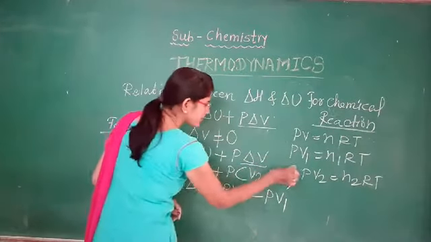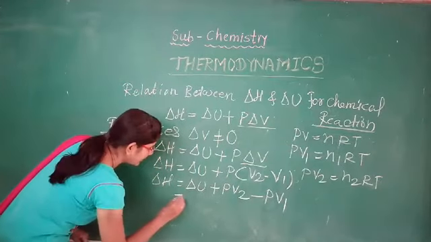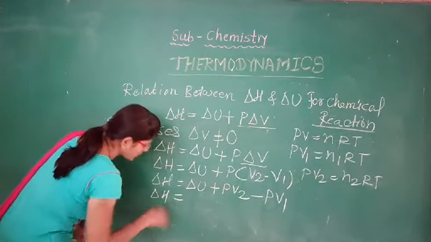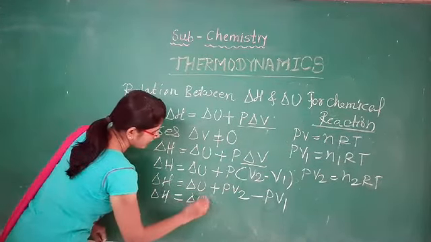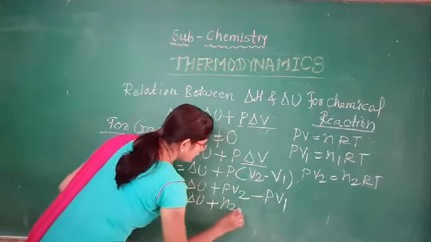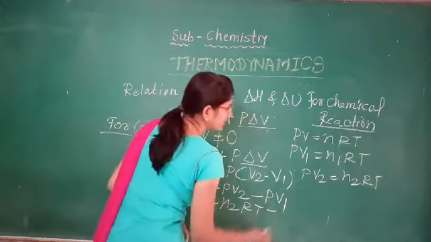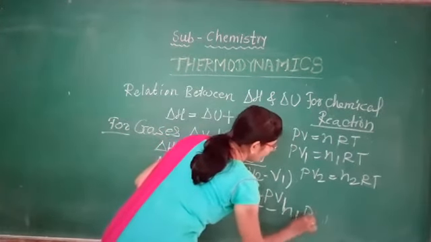Put both these values in this equation. Here we get delta H is equal to delta U plus PV2, which becomes N2 RT, minus PV1, which becomes N1 RT.